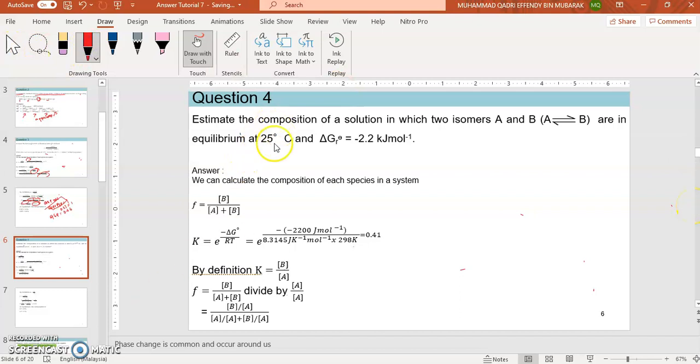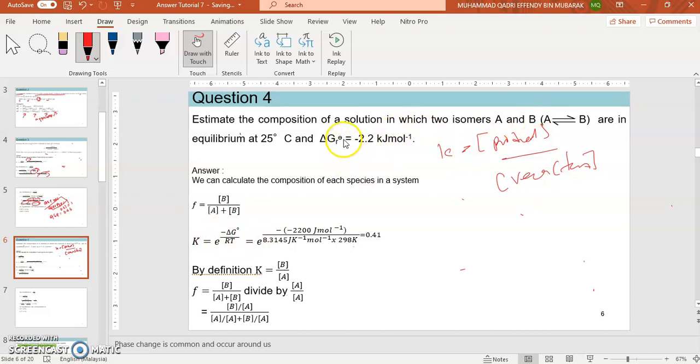So first things first, we need to find K, because K indicates the product over reactant. K is equal to the exponential function of negative delta G naught over RT.